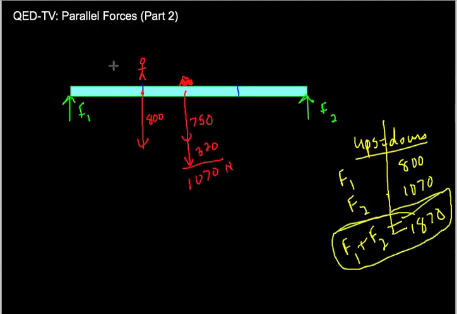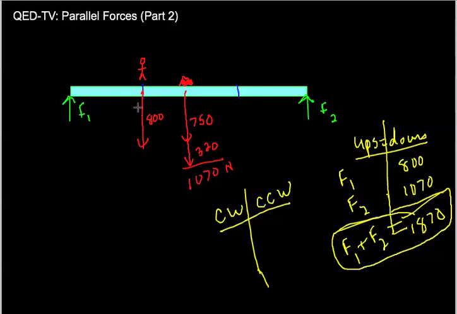But now what we want to do is figure out what F1 and F2 are. So I need to do torques now. I want to do clockwise and counterclockwise torques, because I know they need to be equal. So where am I going to use as my reference point? This is where it gets important to know where you should use. I don't really want to use one of these 3 points, because no matter what, if I do that, I'm going to have two unknowns still.